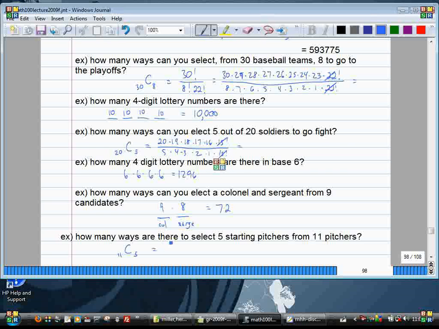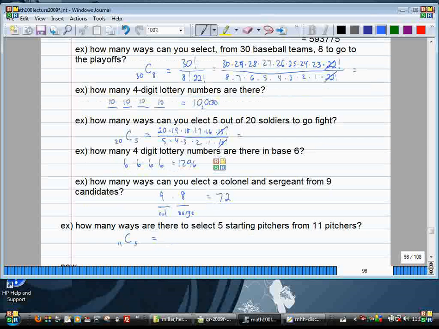So, let's work this out. This is going to be 11, 10, 9, 8, 7, 6, actually, times 6 factorial, over 5, 4, 3, 2, 1, times 6 factorial. Those cancel, and now I want to work out what this is.